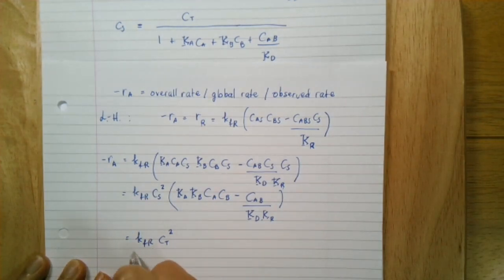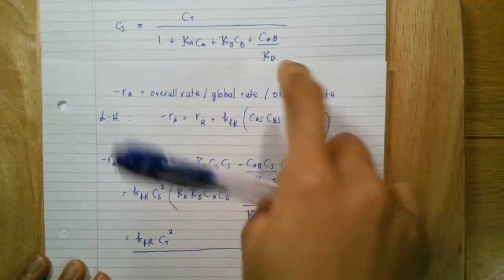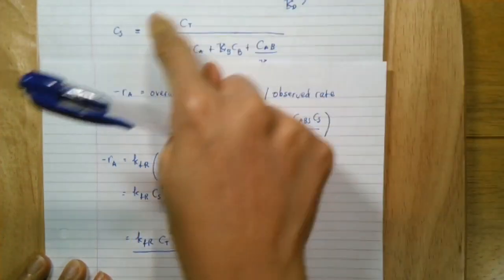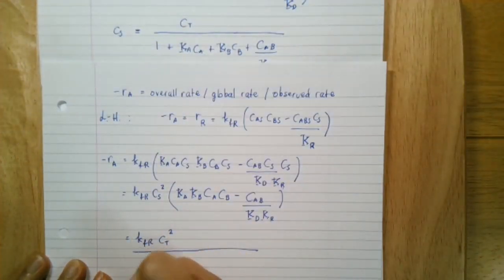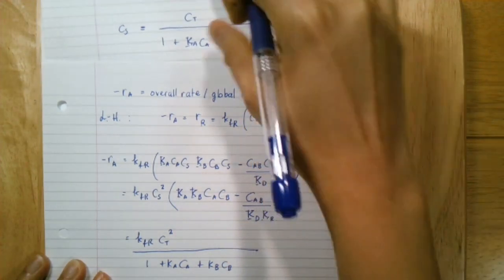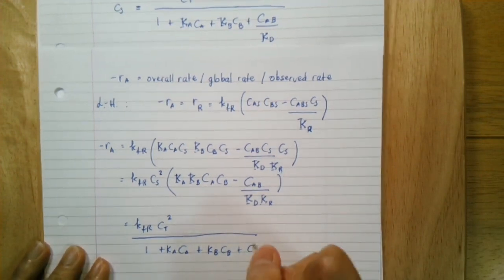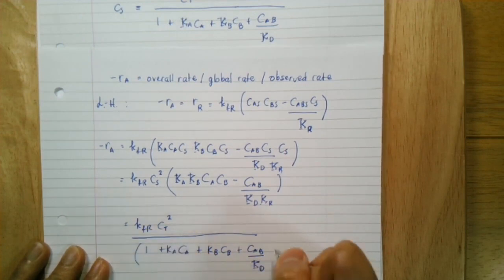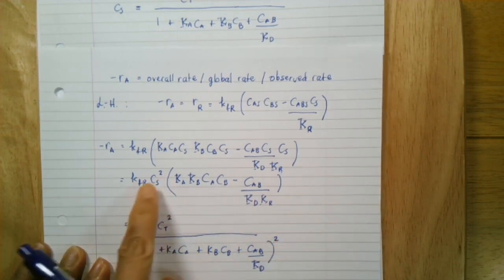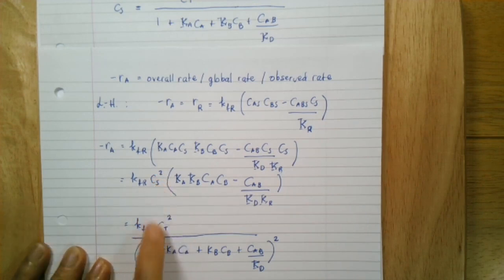Okay, and then I have this denominator here. So I'll have 1 plus KA CA plus KB CB plus CAB all over KD. And I have to square it, because CS is squared here.